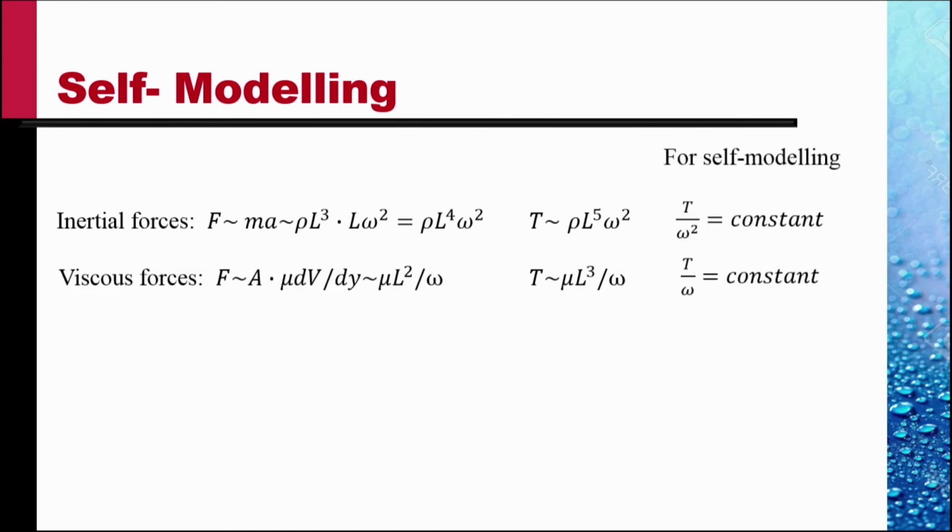For self-modeling tests then, where the length scale is 1 and all the material properties are the same, the inertial force requirement will give you that T, the torque, divided by omega squared is constant, and the viscous forces would give the requirement that torque divided by omega is constant.